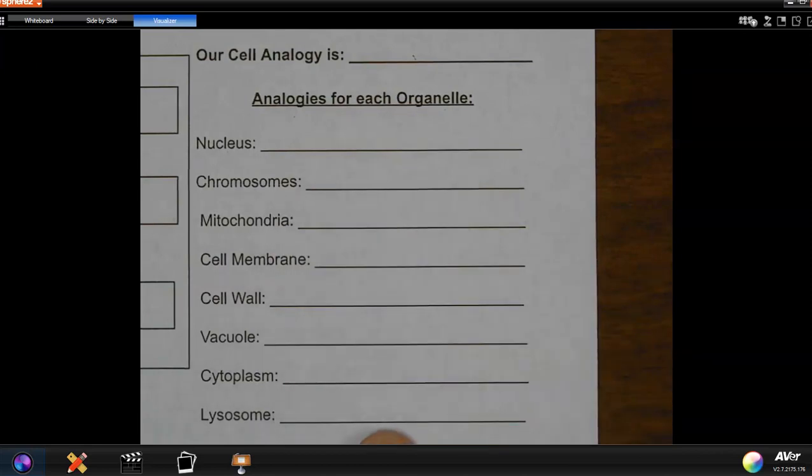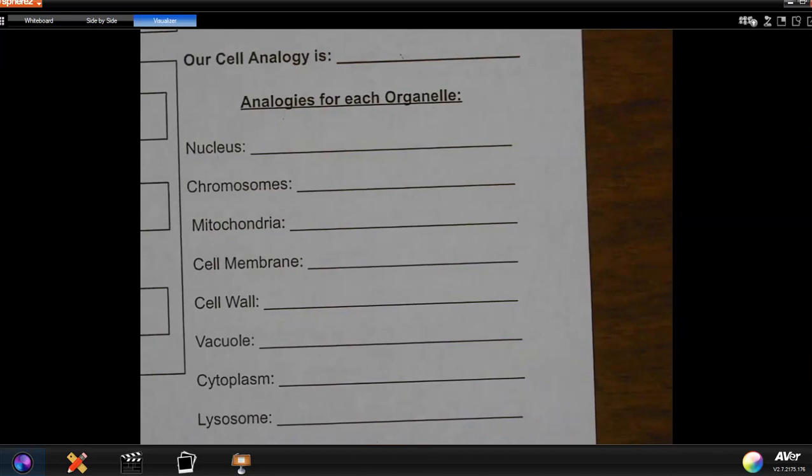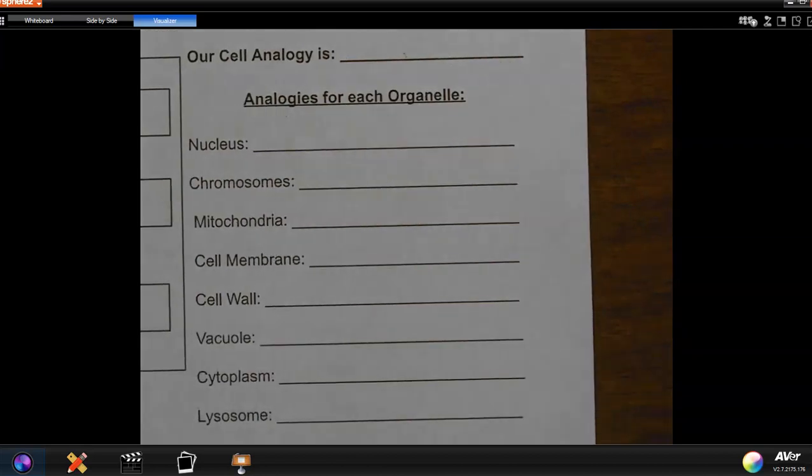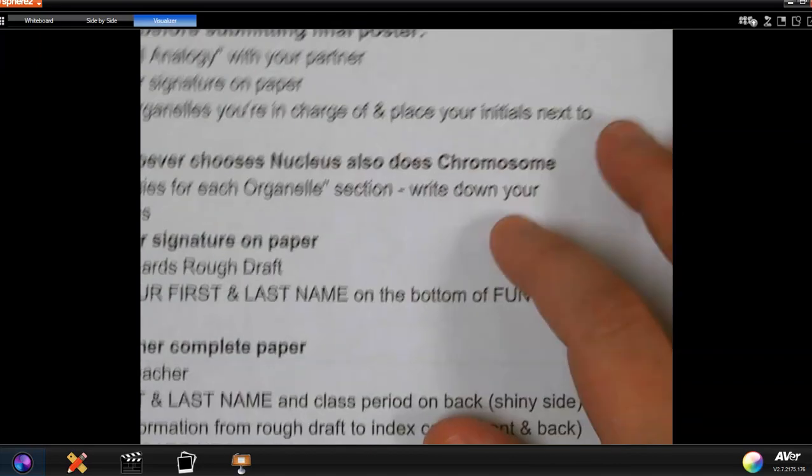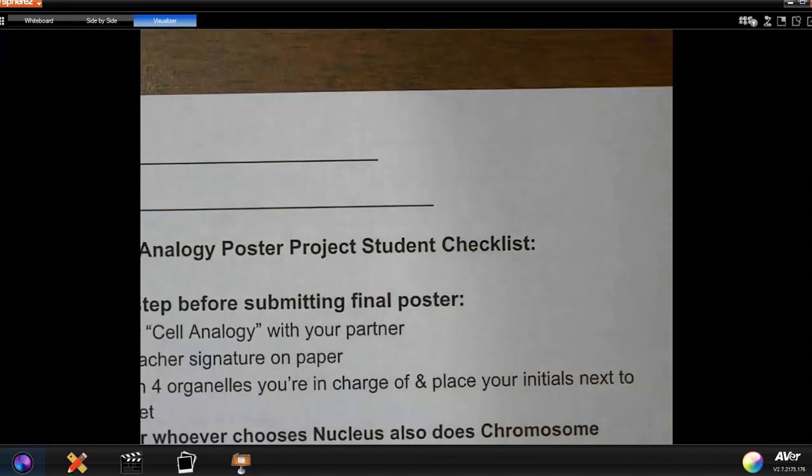And then once you've done your comparisons, your next job is to do your rough draft. So I'm looking through right now because I thought I had my rough draft. There it is. So now I'm going to show you the checklist that you have. You should have gotten another piece of paper from your teacher that looks like this. If you don't have one, make sure you get one.